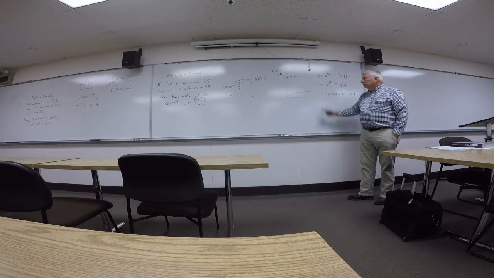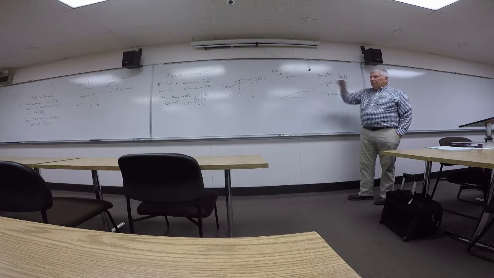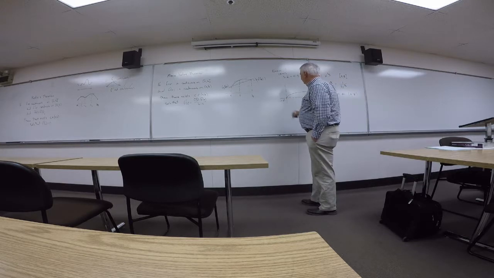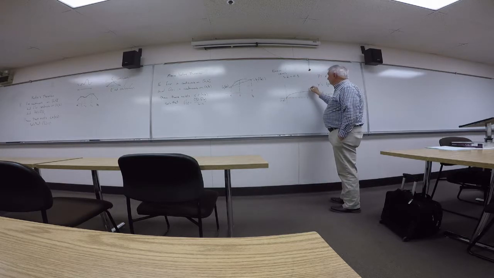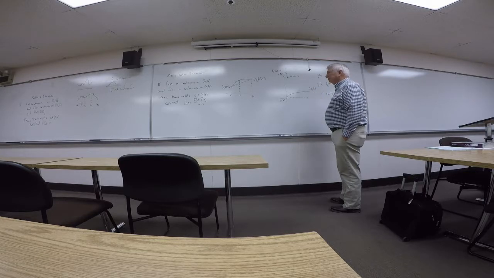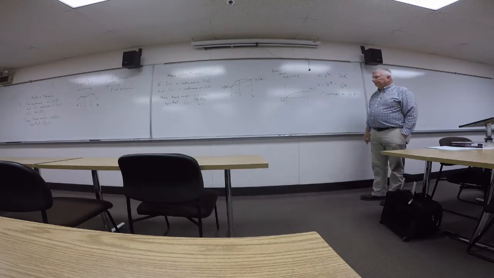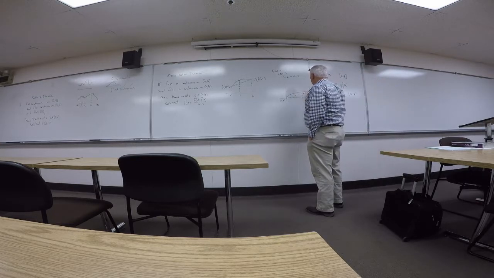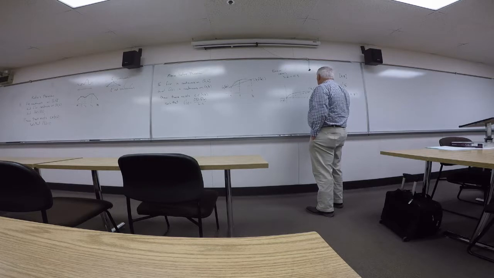So, let's go on and find the point that satisfies the mean value theorem. This point, 0, 0. This point, 8, 2. The slope of the secant line is 1/4.